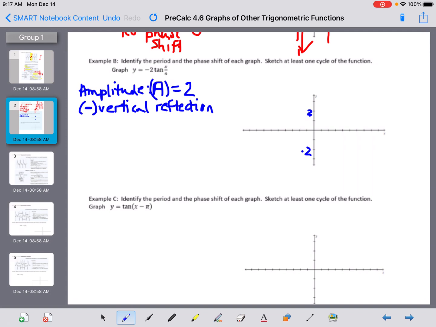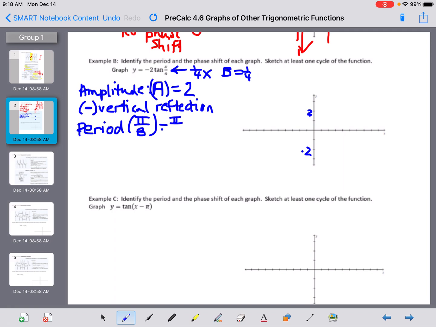Okay, I need a period. And the period is always going to be pi divided by b. And my b right now, be careful here, is 1/4. That's like 1/4 x, so my b is 1/4.